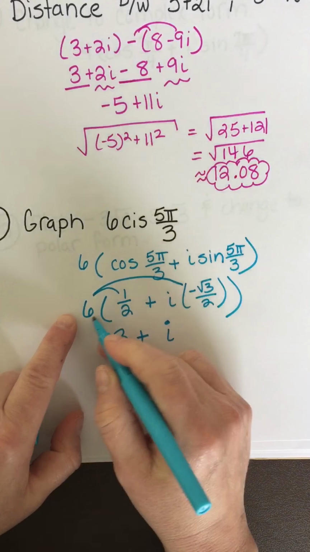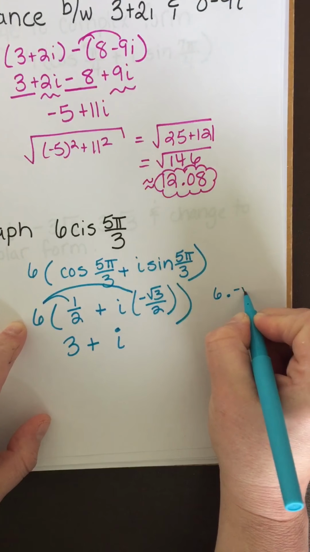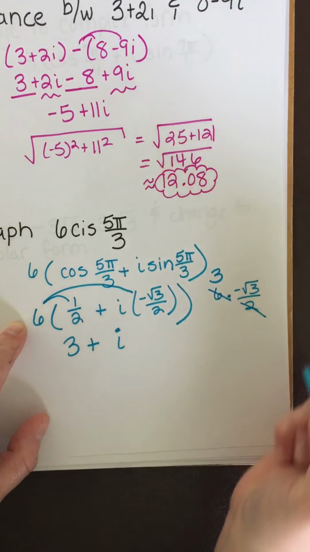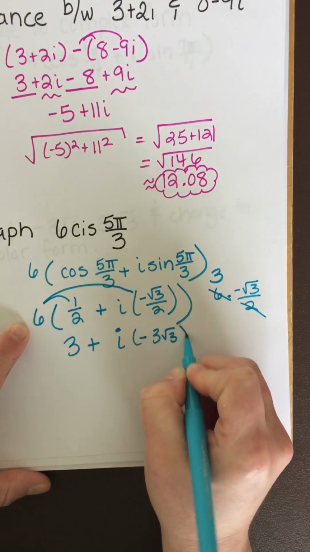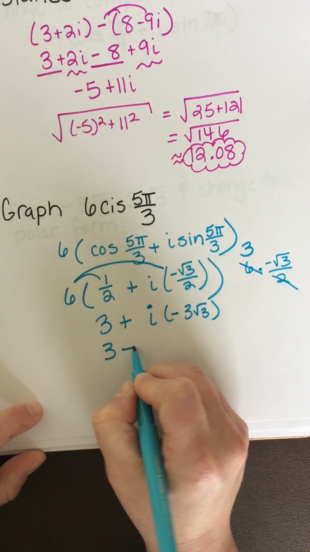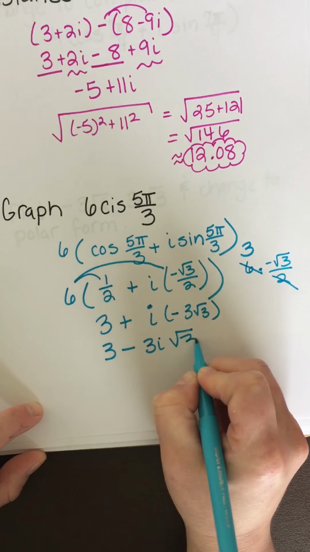And then when I do 6 times negative the square root of 3 over 2, 2 will go into 6 3 times. So that's negative 3 square root of 3. I'm actually going to write that a little bit prettier. So 3 minus 3i square root of 3.